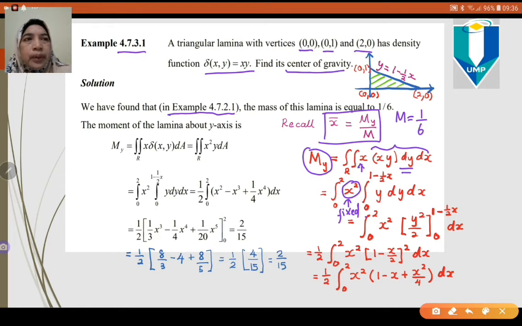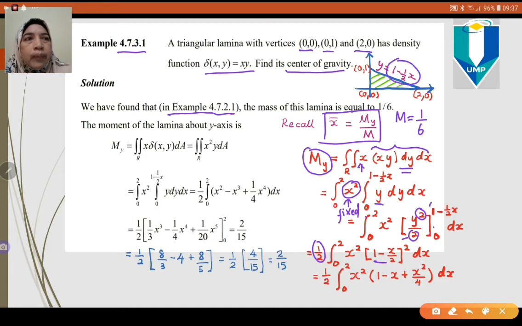So we integrate y here to give y squared divided by the power, which is 2. That 2 becomes 1/2 and we put it outside the integration. Then we substitute the value for y, which becomes 1 minus x/2, the y value here.